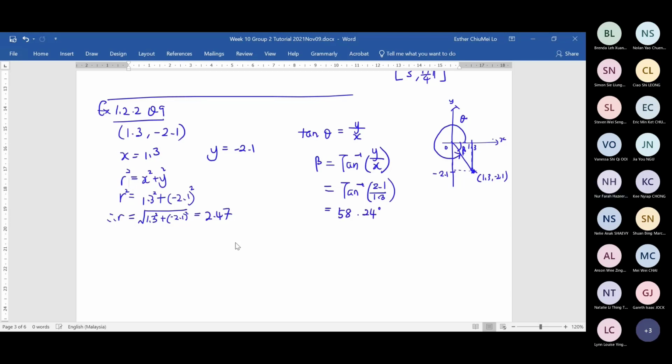58.24. Okay, so recall that your theta will equal 360 minus your reference angle. So 360 minus 58.24. What do you get here? 301.76.